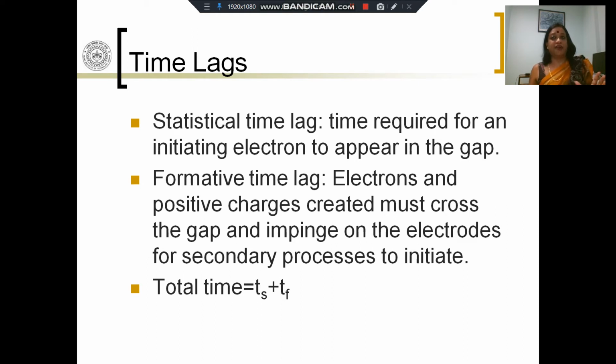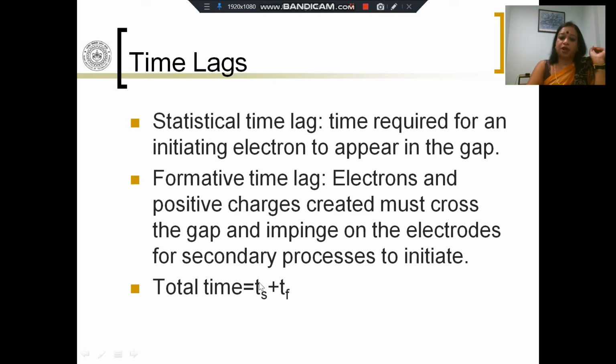And at the very least, we need the primary electron to reach the anode from the cathode. At the least, that time is required. The time required for an electron to traverse the entire gap distance, and some of the positive ions at least to traverse the gap distance and reach the cathode and result in secondary processes.